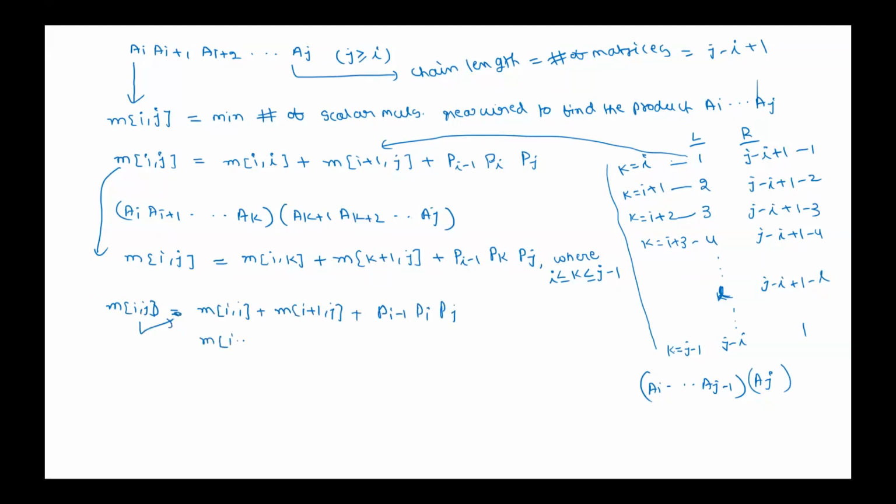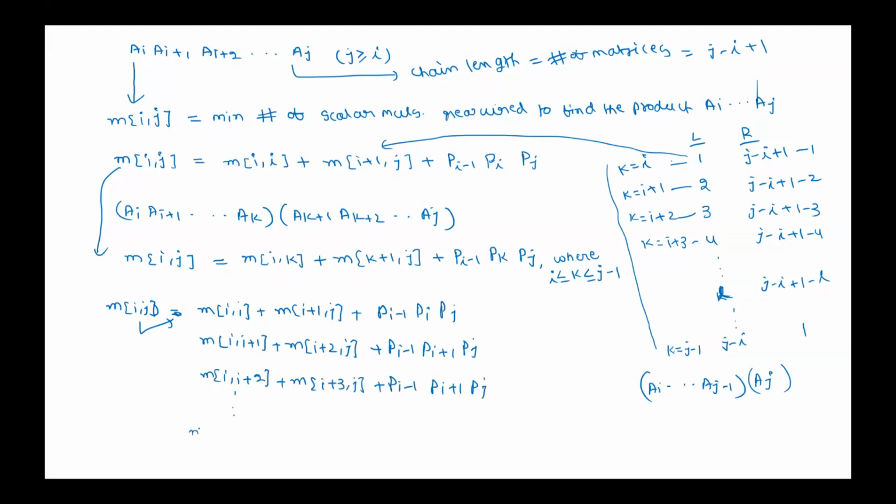Next, Mi,i+1 plus M(i+2),j plus P(i-1) P(i+1) Pj we need to calculate. Next, Mi,i+2 plus M(i+3),j plus P(i-1) P(i+1) Pj we need to calculate.